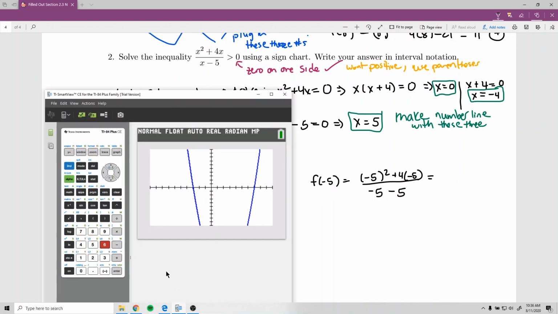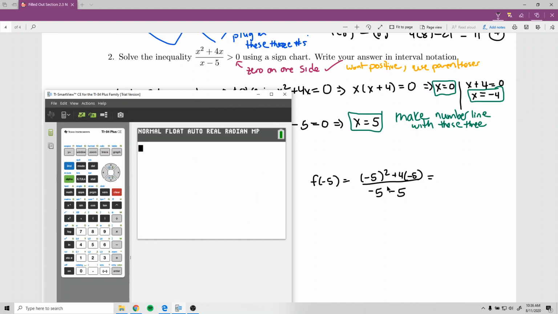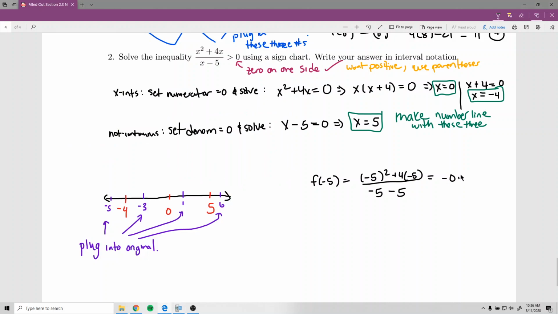You only care whether it's positive or negative, so if you can see that, do it quicker like that. If you want to do it in your calculator, that's fine too. We got -5 squared plus 4 times -5 divided by -5 minus 5. You get -1/2, -0.5. But the whole point is that it's negative. So we're going to put a minus sign above there.